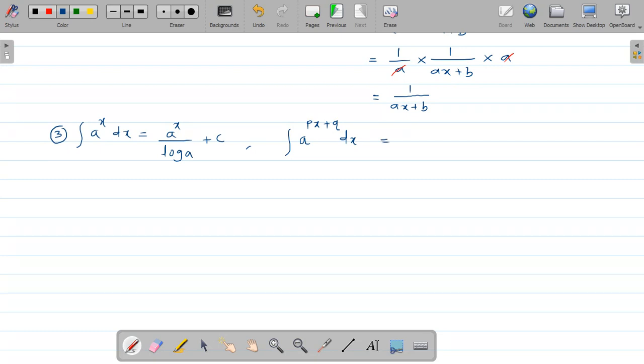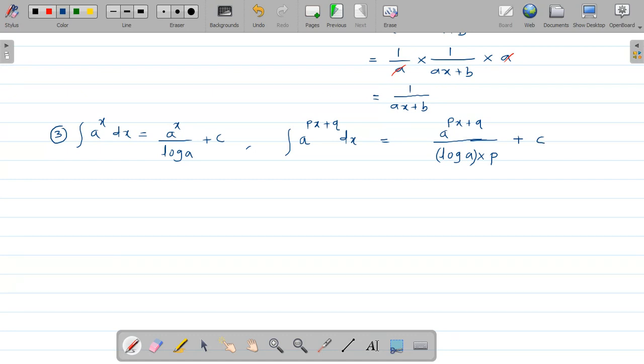See here, a raised to x, its integration is a raised to x upon log a. Then the integration of a raised to px plus q will be a raised to px plus q upon log a into derivative of px plus q, that is equal to p. Means you have to divide by the derivative of px plus q.